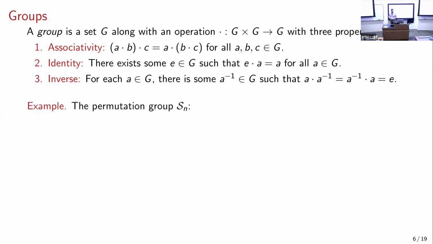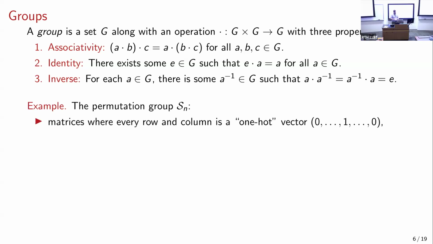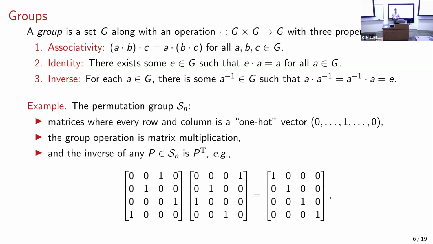Just to give a quick example, we can think about the permutation group, which is the group of matrices where every row and column adds up to 1, and there's exactly one non-zero entry. So every row and column is a one-hot vector. The group operation here is just matrix multiplication, and the inverse is just the transpose. If I take this permutation matrix and its transpose and multiply them together, I get back this identity matrix.